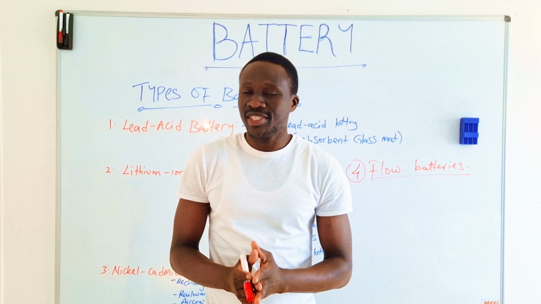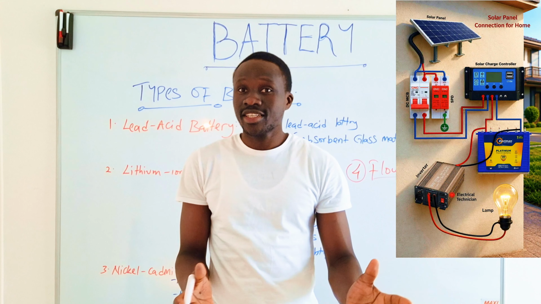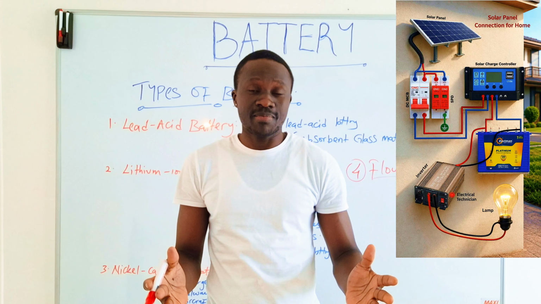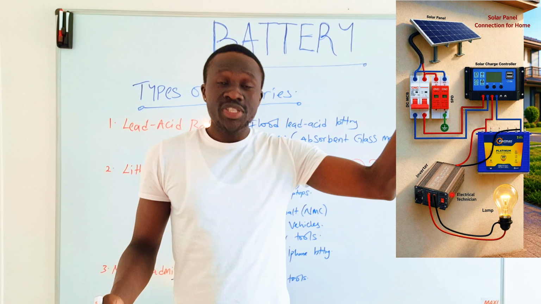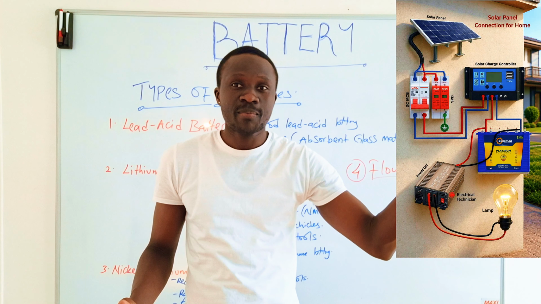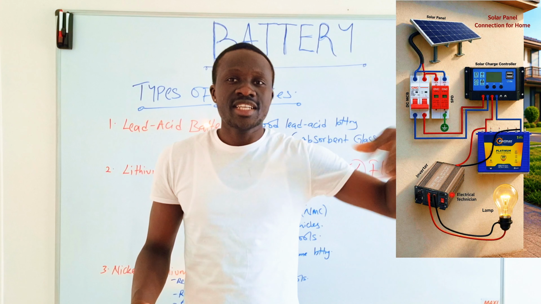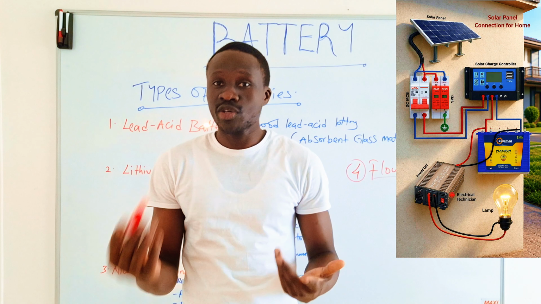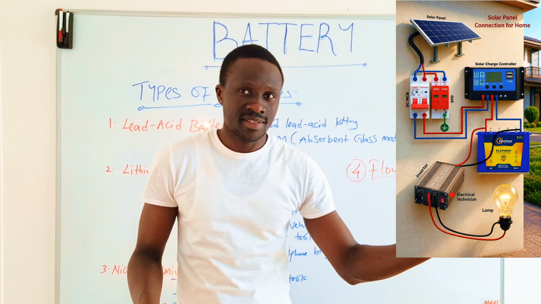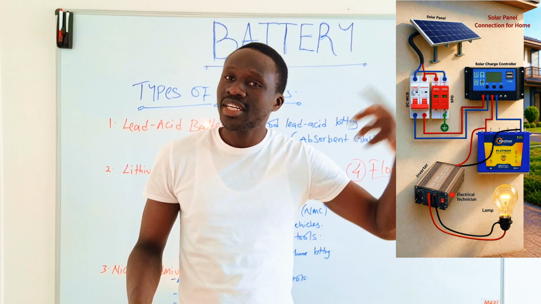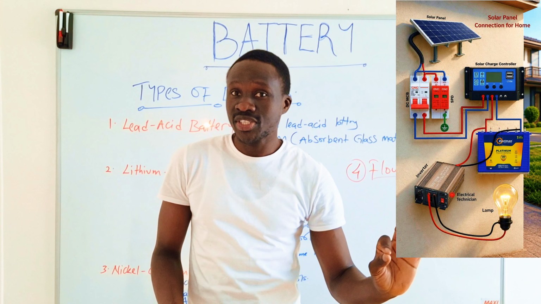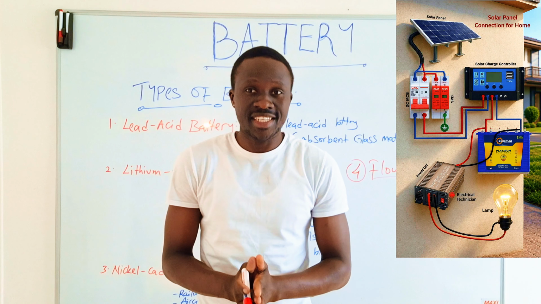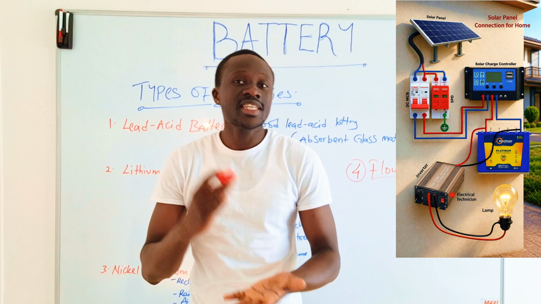How do these batteries connect with the solar system? We start with the solar panel, which receives the sun. After receiving the sun, the process called the photovoltaic effect takes place and it generates electricity, which is in DC, direct current.